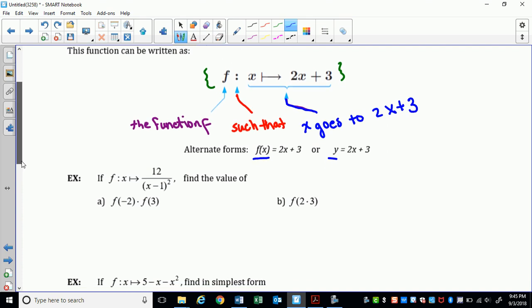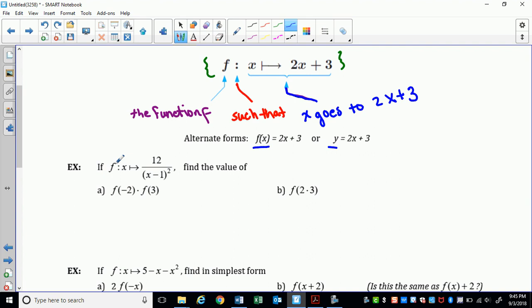Let's do an example. It says if f such that x goes to 12 divided by x minus 1 squared, find the value of f at -2 times f at -3. Let's try this. So this is going to be the same as y equals 12 divided by x minus 1 squared.